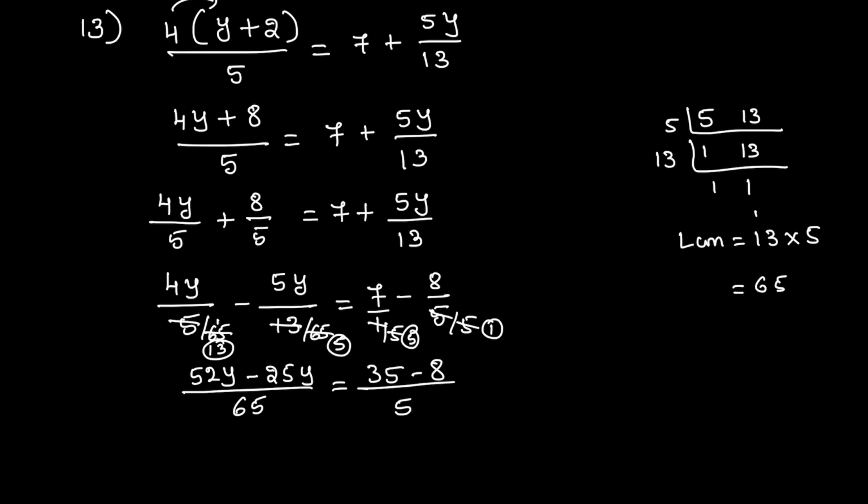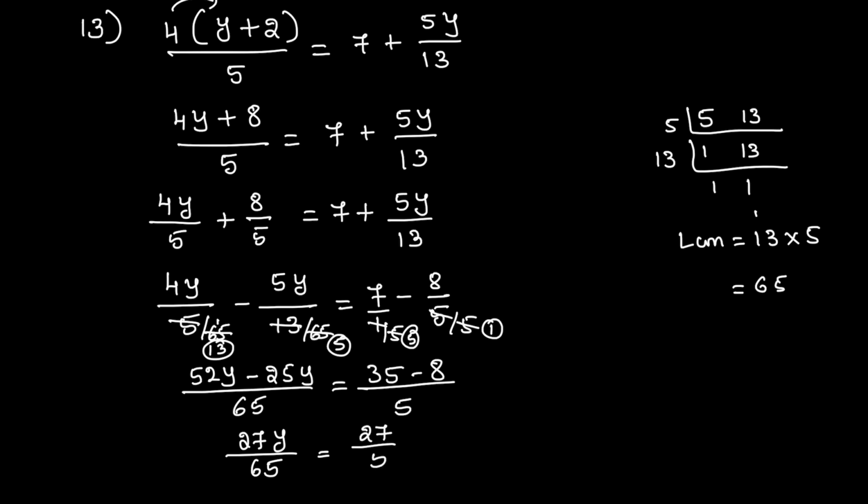From 52, if you subtract 25, we'll get 27. So 27y by 65, and 35 minus 8 will again give 27 by 5.